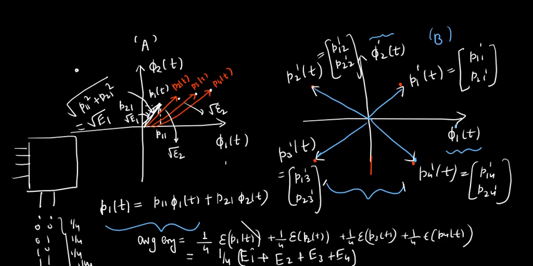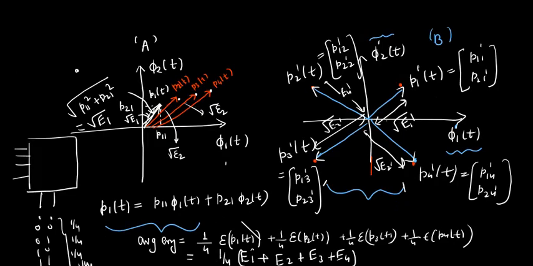So this is root of E1 dash, this length is root of E2 dash, this length is root of E3 dash. Yes or no?